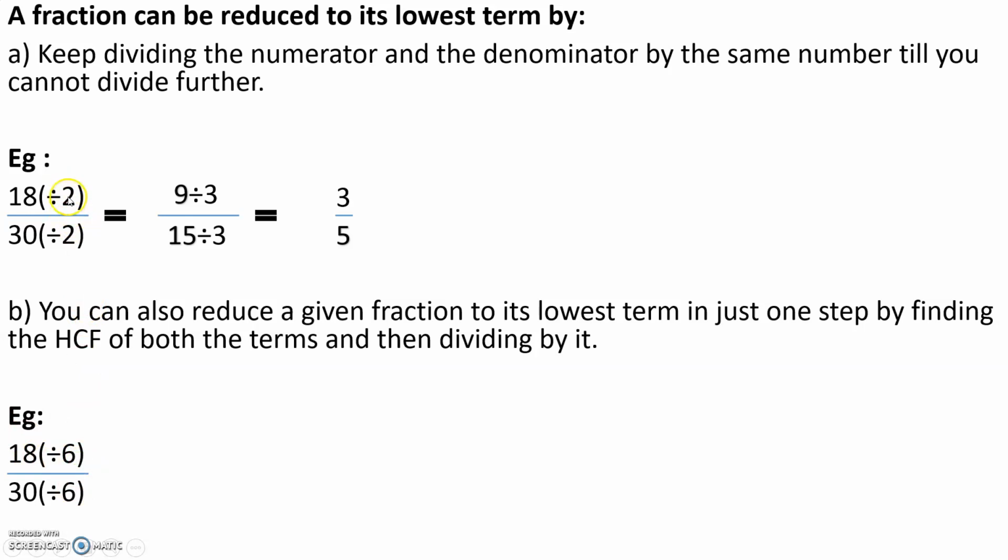First I divided by 2 and then by 3. So 2 threes are 6. Instead of dividing 2 times, I directly divided 1 time. 18 divided by 6 upon 30 divided by 6. So 6 threes are 18 and 6 fives are 30. See, the answer is the same, 3 upon 5 and 3 upon 5.